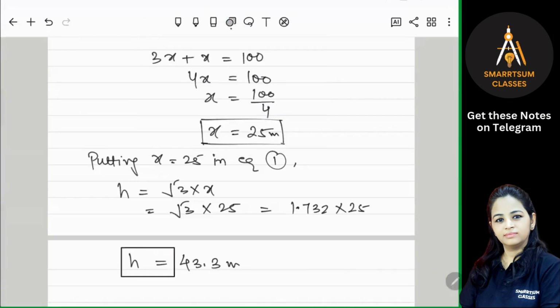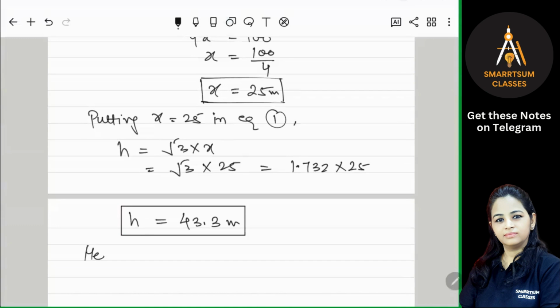So in this way, we have got the value of H. What is H? H is the height of the pillar. Both the pillars are of the same height, so the height of each pillar is 43.3 meters.